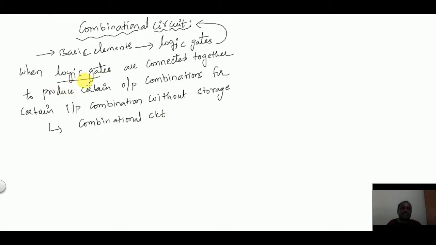So logic gates are connected together to produce certain output combinations for certain input combinations.